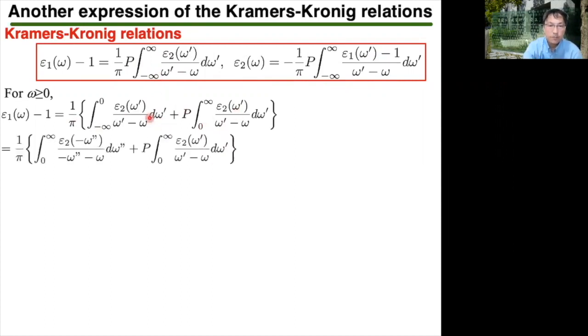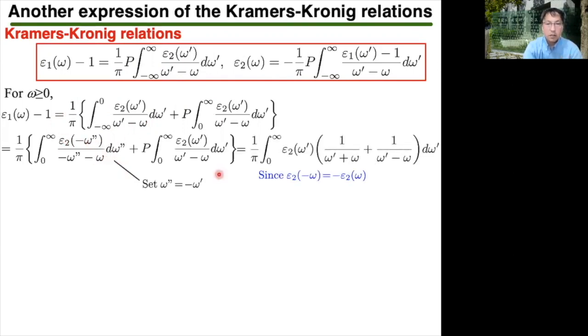Further, we can write this formula in this form when we set omega 2 prime as minus omega prime in the first term. Then the two integrals can be merged again in this form because epsilon 2 is an odd function of frequency. Finally, we get the form with integral over frequency from 0 to plus infinity like this.